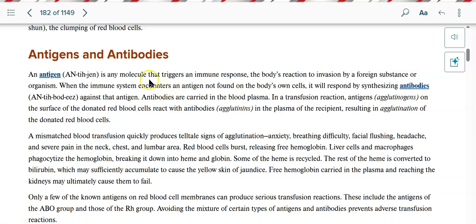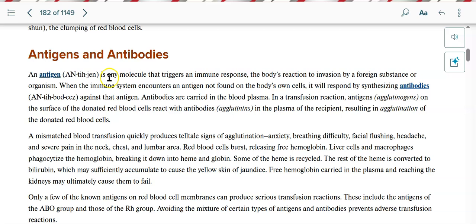So an antigen is any molecule that will trigger an immune response, which is the body's reaction to invasion by foreign substances or organisms. When the immune system encounters an antigen that's not found on the body's own cells, it will respond by synthesizing antibodies against the antigen.